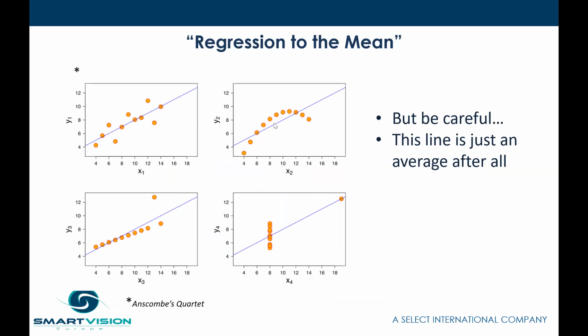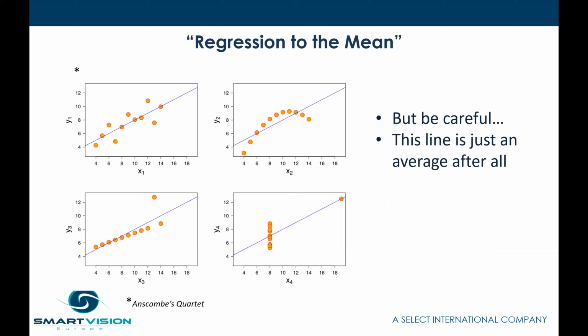So the thing you have to bear in mind is that these relationships are under no obligation whatsoever to fall along that line. And the line, being a straight line, is under no obligation to follow the pattern that it sees within the data, because it's straight. It can't, it's unbending.